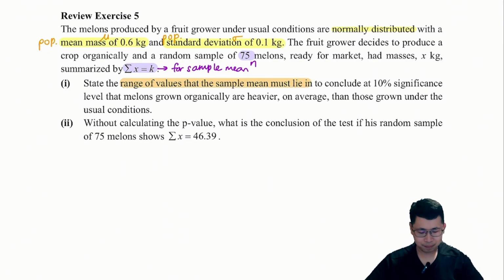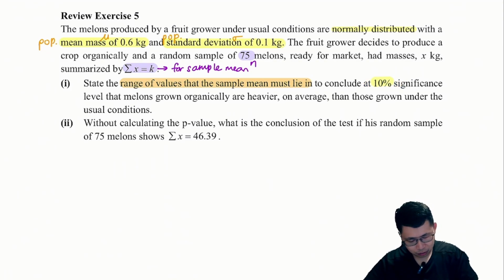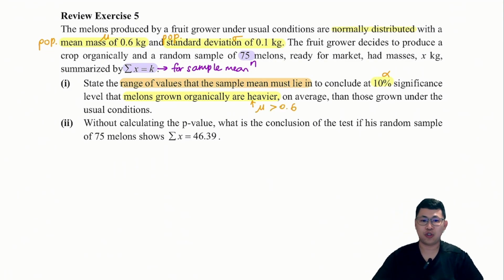To conclude at 10% significance level, the alpha over here will be 10%, that melons grown organically are heavier. Melons grown organically are heavier, so this would be mu greater than 0.6, heavier than 0.6 kg.